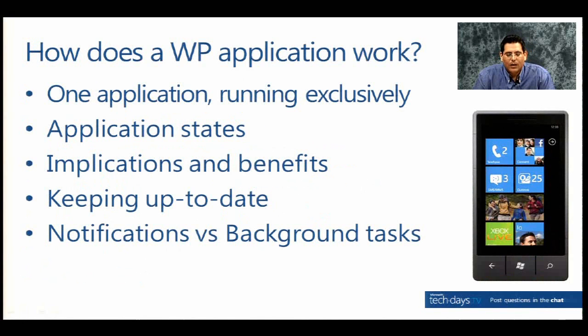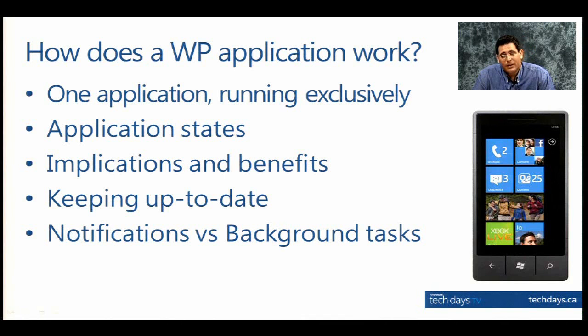how does a Windows Phone application work? Well, Windows Phone, being a phone operating system, works quite differently than standard Windows. The basic assumptions regarding Windows Phone, or any phone for that matter, is that first, a phone will always have considerably less memory and CPU power than any laptop or desktop.